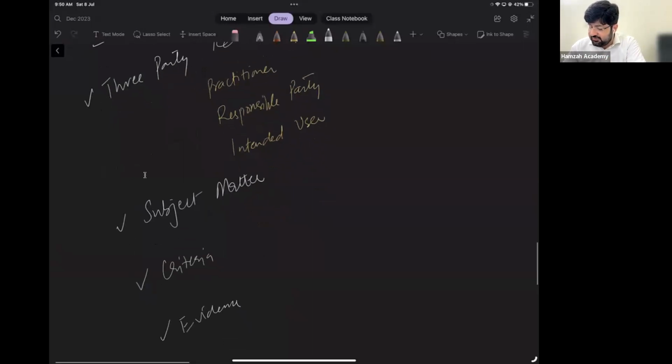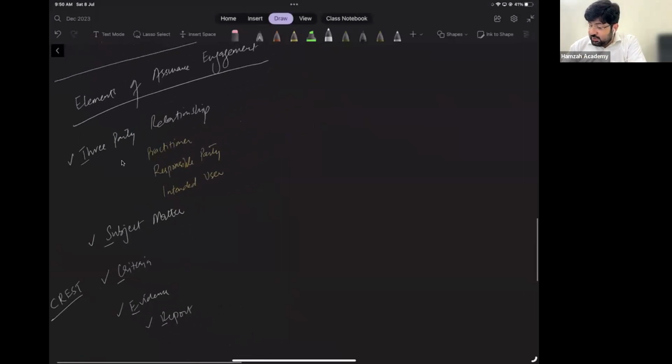And the final is report. C-R-E-S-T. Crest. To memorize this mnemonic. Now I'll be explaining all these points.